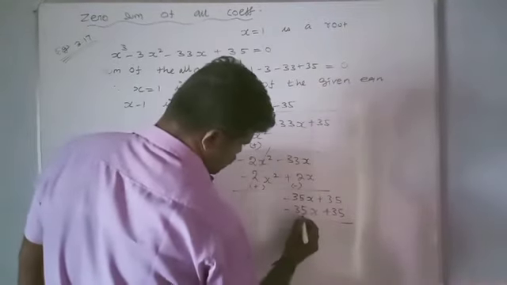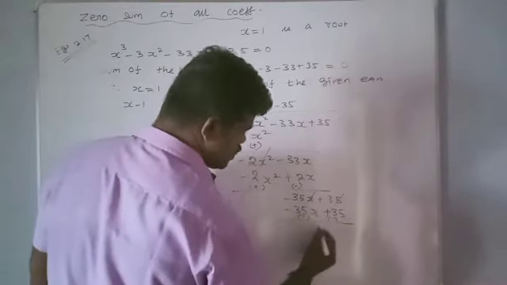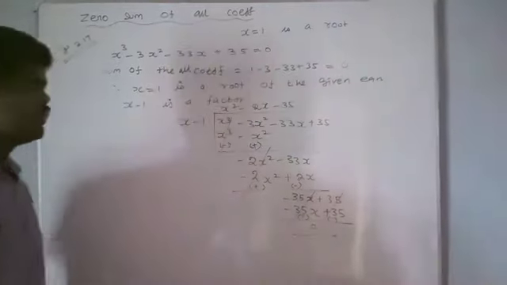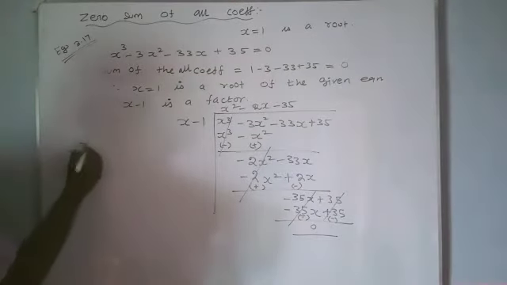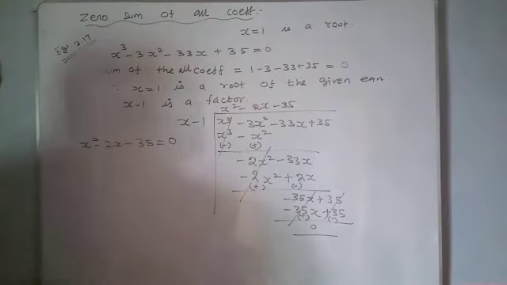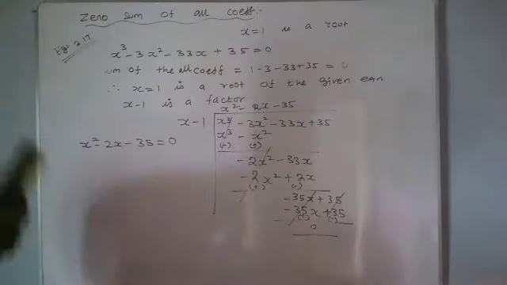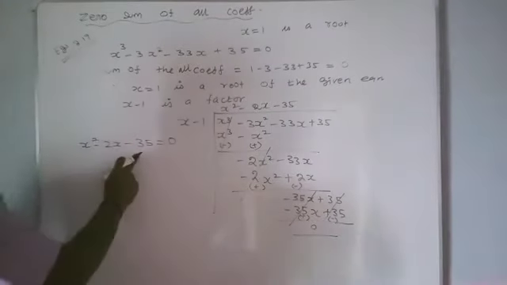Here this is plus and this is minus. Cancel this term, also this term. The total value is 0. The factor is x square minus 2x minus 35 equal to 0. This is the quadratic factor.